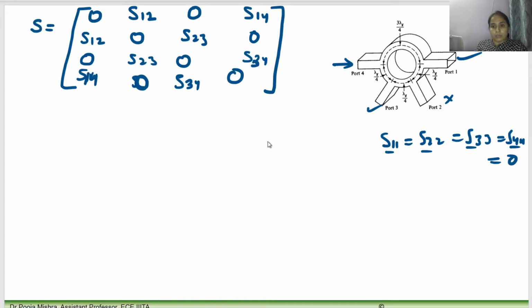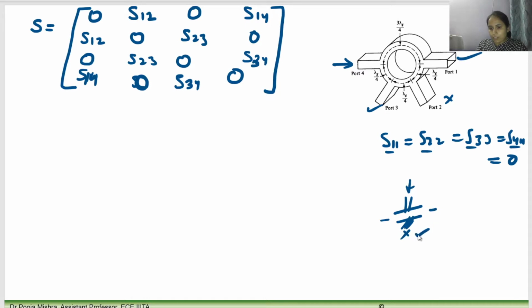Understood? So if you are sending the signal from one of the ports, it will appear from two ports, while one of the ports will not get any signal. The same was happening in the hybrid T. If you remember, this is the E port and this is the H port. If you send the signal to the E port, it was appearing from this port and this port, and we were not getting it from the H port.